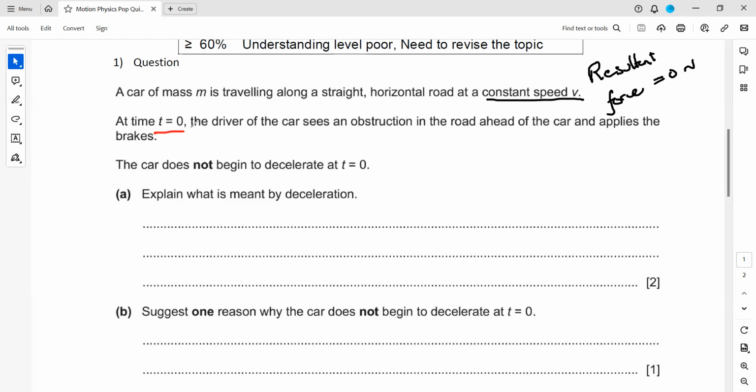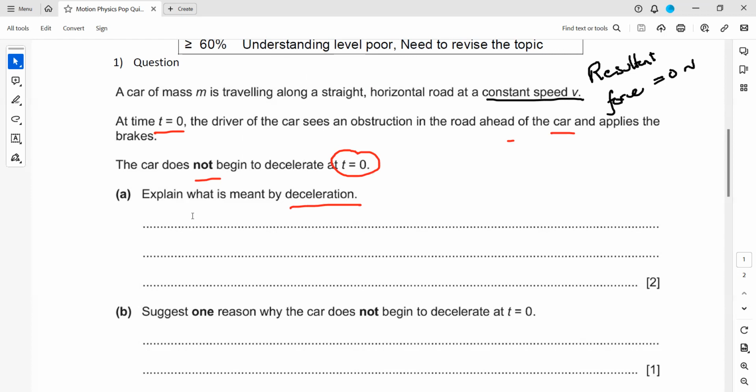At time t equals zero, the driver of the car sees an obstruction in the road ahead and applies the brake. The car does not begin to decelerate, or does not reduce its speed. What is meant by the term deceleration? It's of two marks.